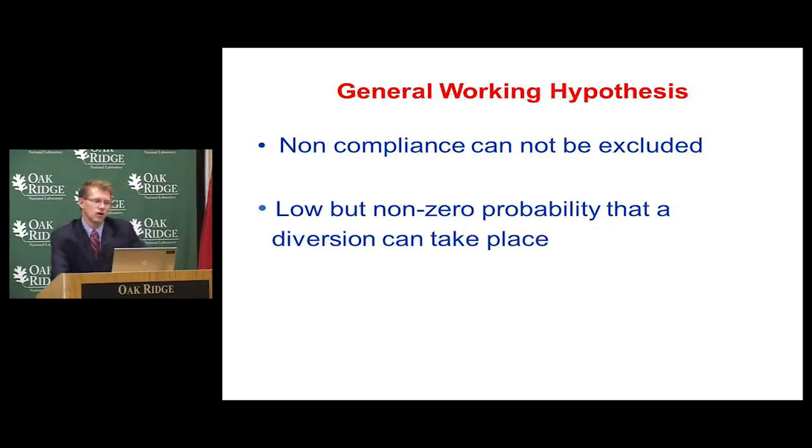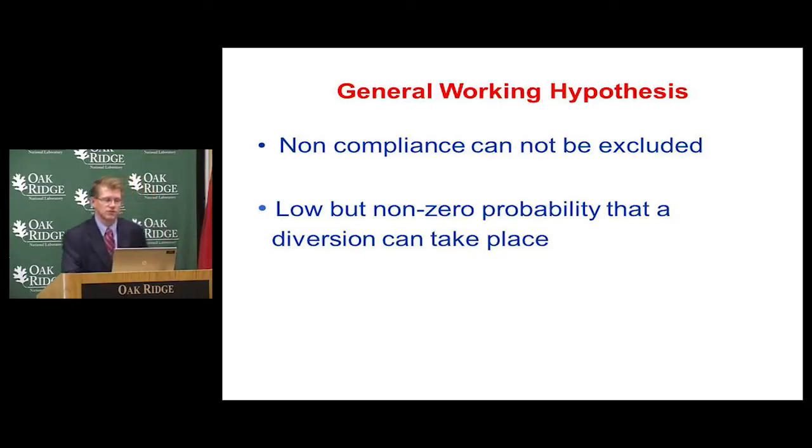So the general working hypothesis within the agency is that while these agreements are voluntary, the declarations come from the country, you assume that it's complete, you have faith in the other countries and their members and their activities. However, your working hypothesis has to be that non-compliance to these agreements cannot be excluded, that there might be a subset or the national authority itself has an aim to not comply with the agreement.